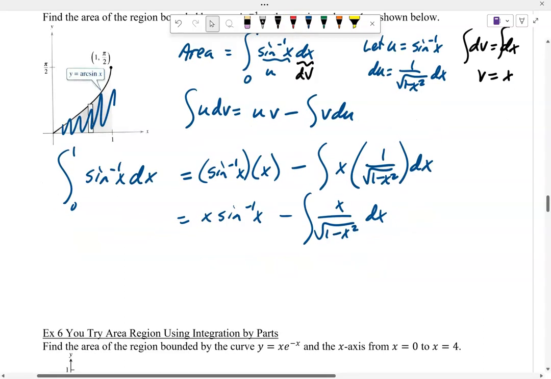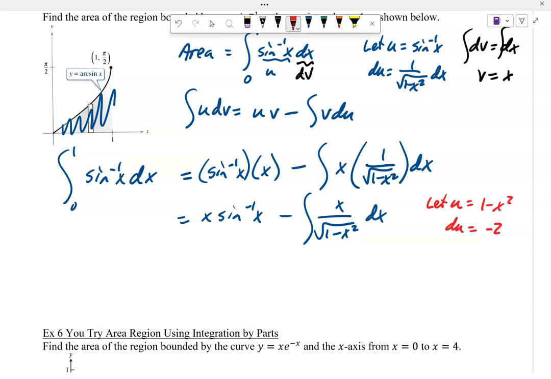So I'm going to let u be the radicand there, 1 minus x squared. So du is negative 2x dx. So I need a negative 2, which means I got to offset it with a negative 1/2 here. So there's my du part, right? So I have x arc sine x plus 1/2.